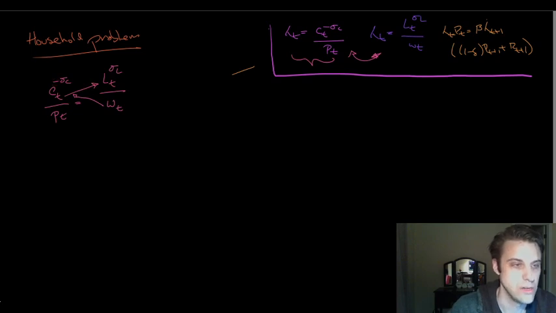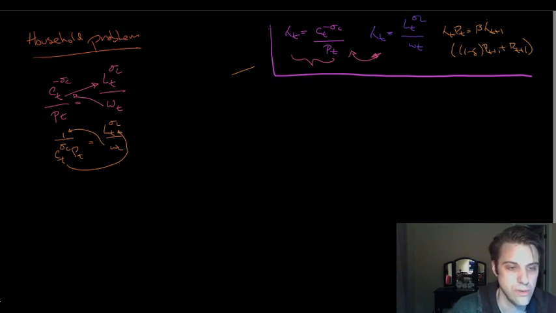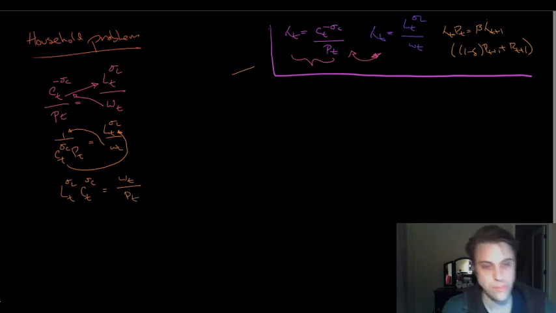So you could also write this as 1 over Ct sigma c Pt equals Lt sigma L over Wt. So I'm going to put Wt right here, and I'm going to put Ct right here. Okay, so we get Lt sigma L, Ct sigma c is equal to Wt over Pt.